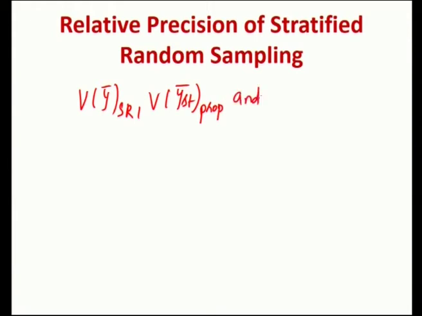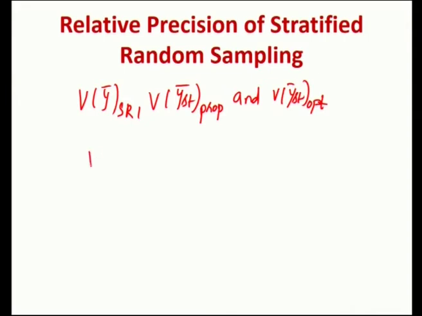The variance of the estimator of mean denoted by variance of y bar SR, this is for simple random sampling, and variance of Yst bar, that is in stratified random sampling, under proportional allocation, and variance of Yst bar in Neyman optimum allocation.